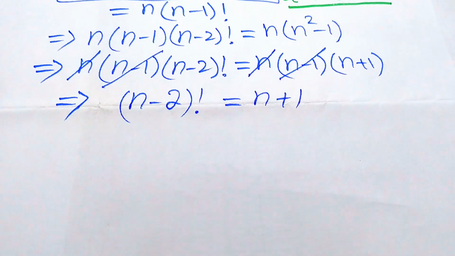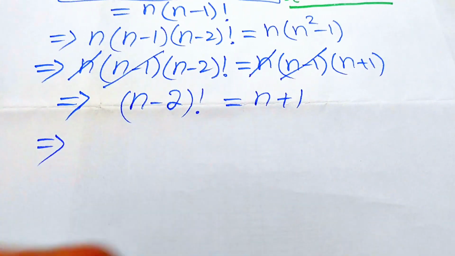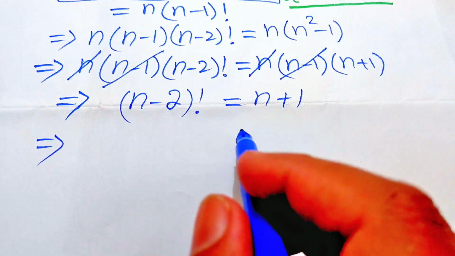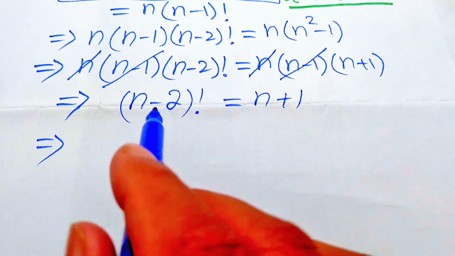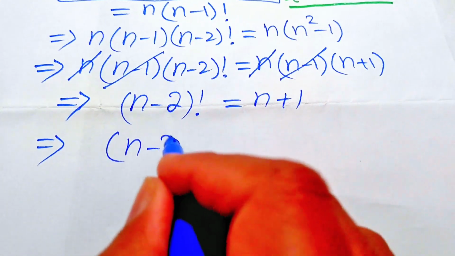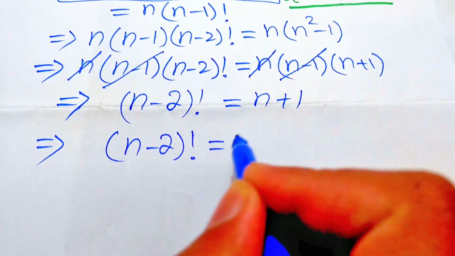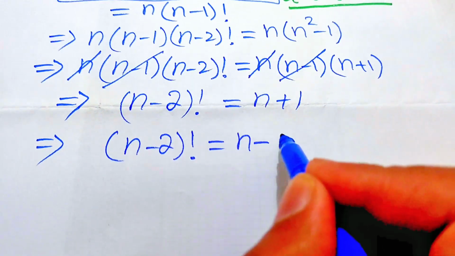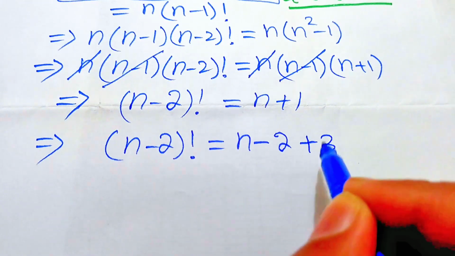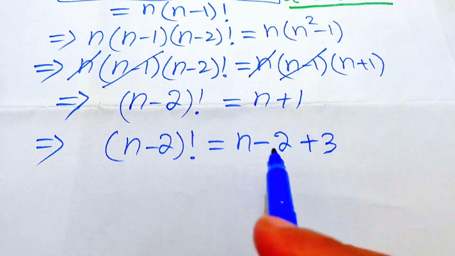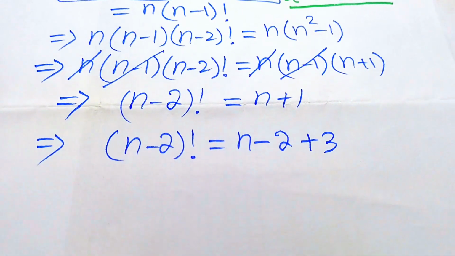So now we make a little bit of simplification here, and we focus on the right hand side, and we convert our n to n minus 2. So we write it as n minus 2 factorial equals n minus 2 plus 3. So we just break this plus 1, and we write it as minus 2 plus 3.